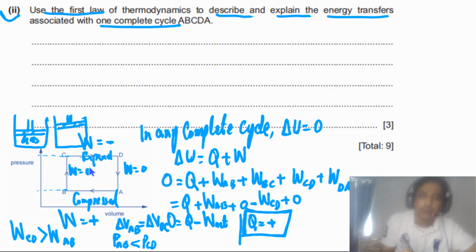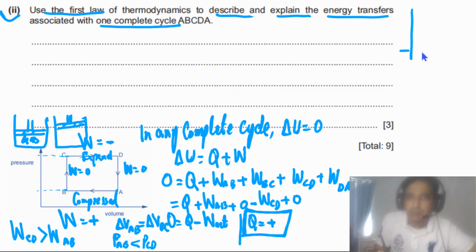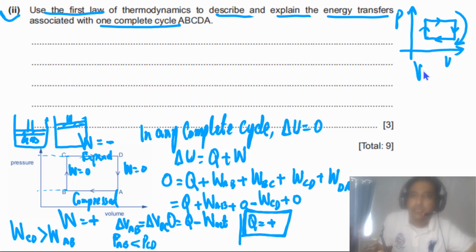So in a simple way, if it is clockwise, let me draw here for your better understanding. So next time you can do this question quickly. So on a PV diagram, let's say we have one cycle. This cycle is here, as it is given here. So this is clockwise. In this case, net work done on gas will always be negative.